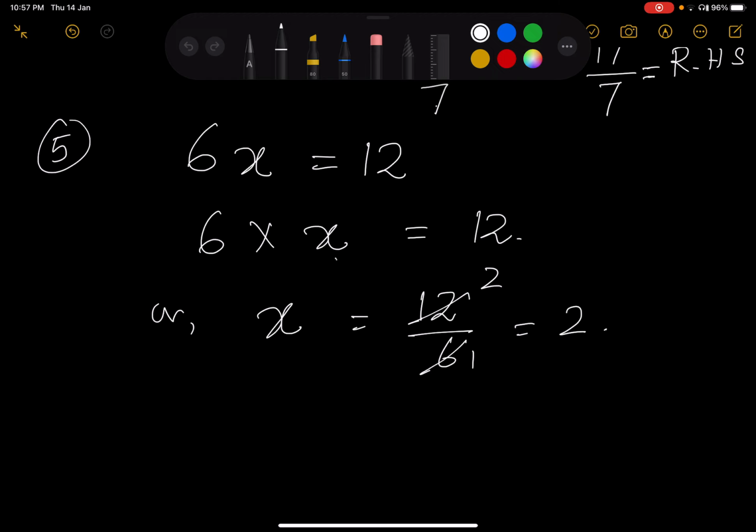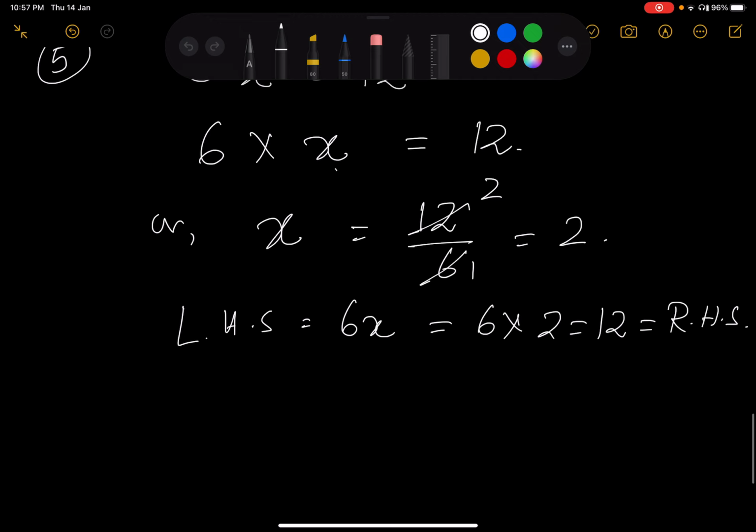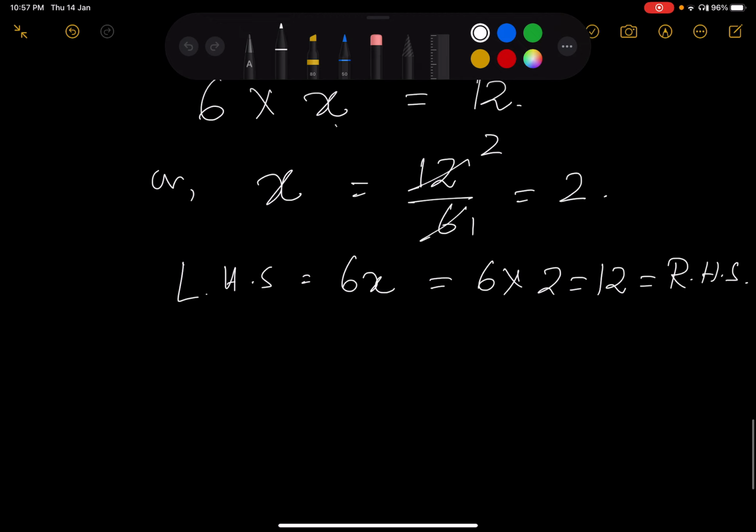So you can verify again, left hand side is equal to 6x, that means 6 into 2 is equal to 12, that is equal to right hand side. So you have proved that left hand side is equals to right hand side.